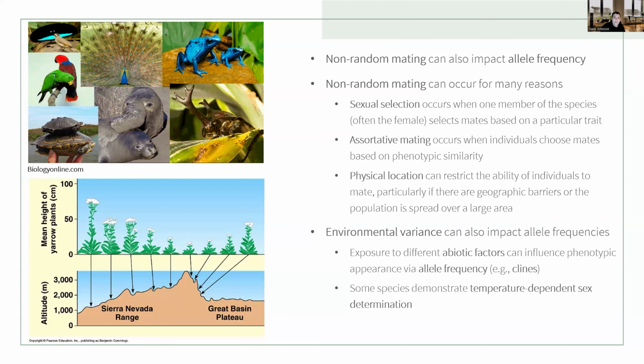Are they the male allele or the female allele? It changes the phenotype in some species to being male or female, depending on the temperature at which they were incubated while still an egg. So there are lots of reasons outside of natural selection why we may see changes in allele frequency within a population.